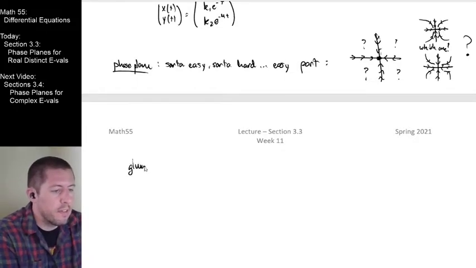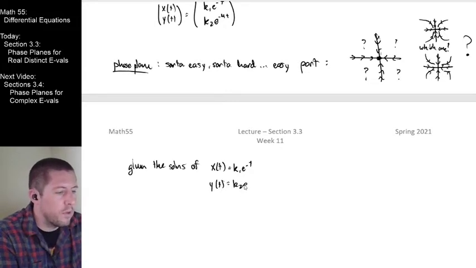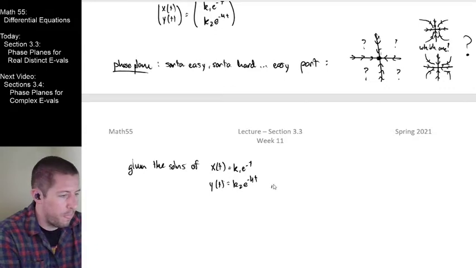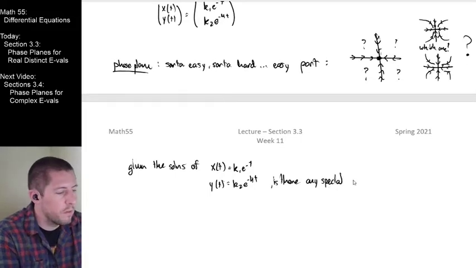Given the solutions x of t equals k1 e to the negative t and y of t equals k2 e to the negative 4t, is there any special relationship between x and y?